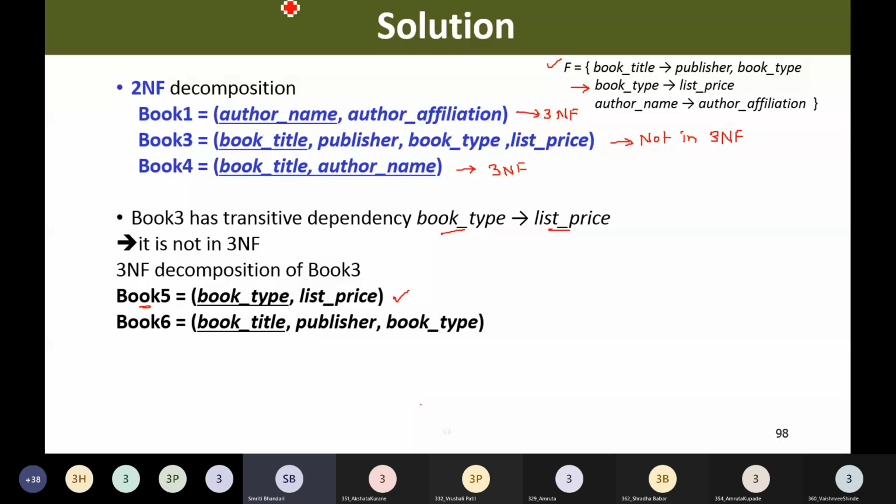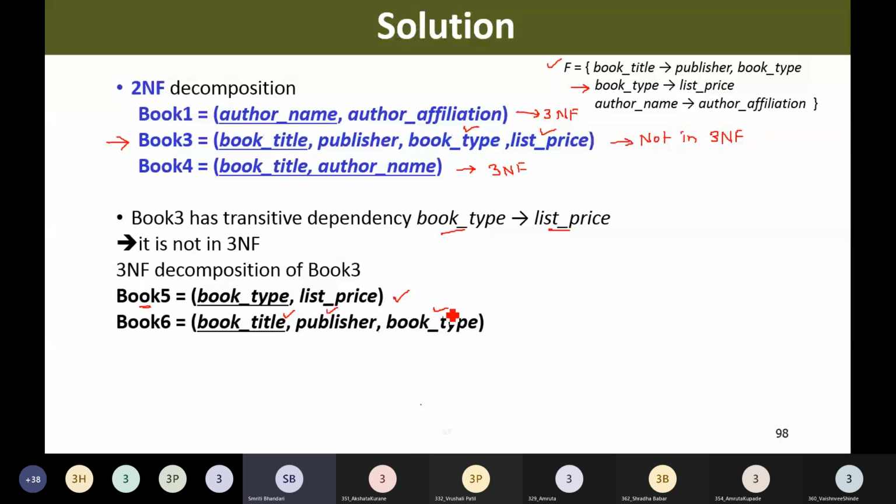Now what to do with all the remaining attributes? We are trying to decompose book 3, and we have used book type and list price for book 5. So what are the remaining attributes? Book title and publisher remain, and we need to add the primary key book type.